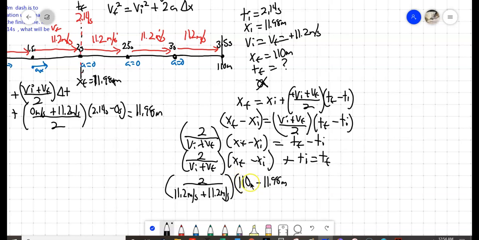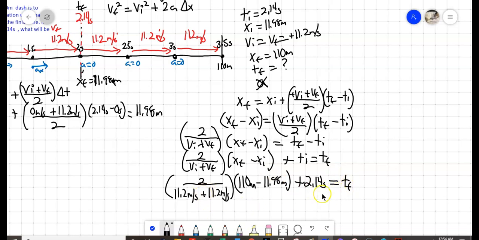He's going to ultimately end the race at 110 meters. And then we're going to add our time at that initial position of 11.98 meters, which is 2.14 seconds. And that's going to be our final time.